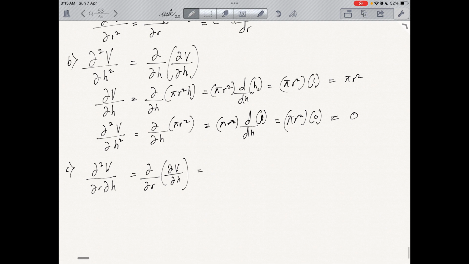Our dV dh is pi r squared. That's d dr of pi r squared. Now in this case, our pi is a constant, and that will be pi multiplied by full differentiation of r squared with respect to r. And this will give us pi multiplied by 2r, and we'll have 2 pi r.